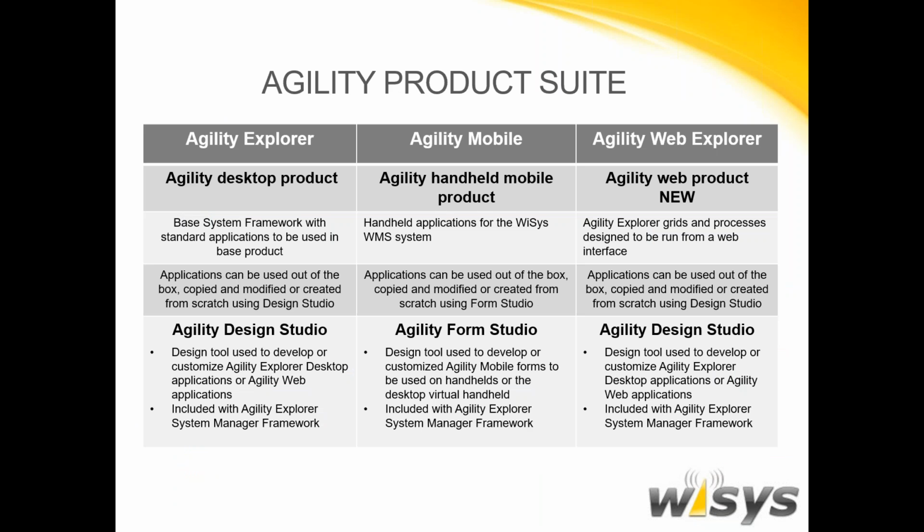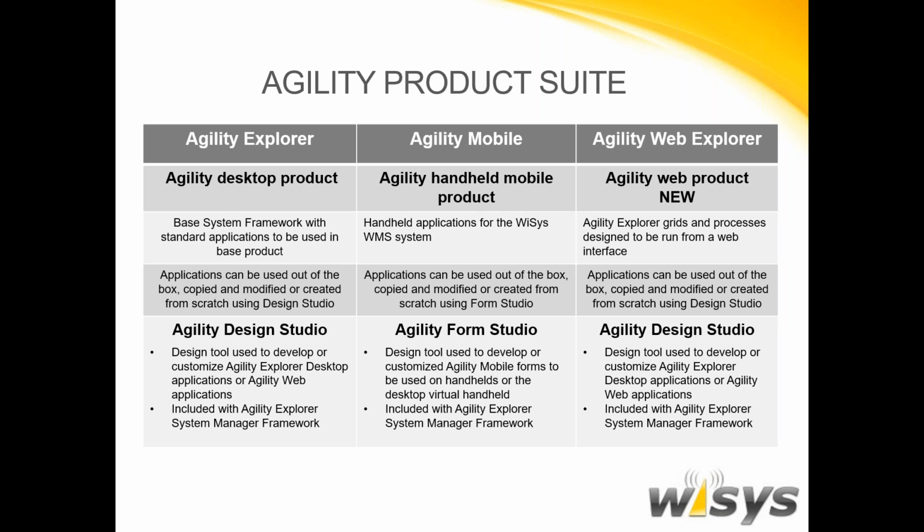Today we have the Agility Explorer, which is your desktop product, and that's the base framework installed on everyone's desktop that they use to run the Agility Explorer applications. We also have the Agility Mobile, used for the handheld applications for the WMS system.